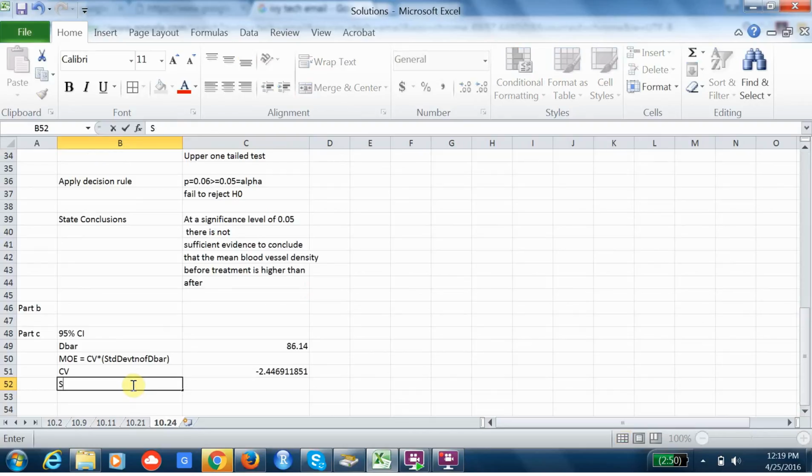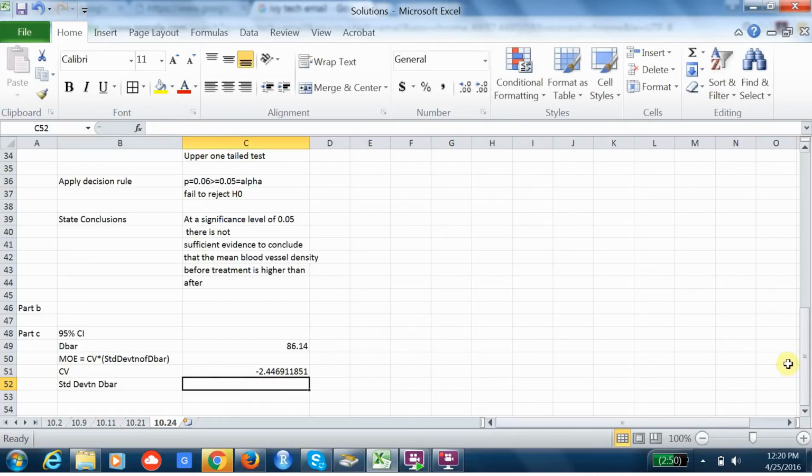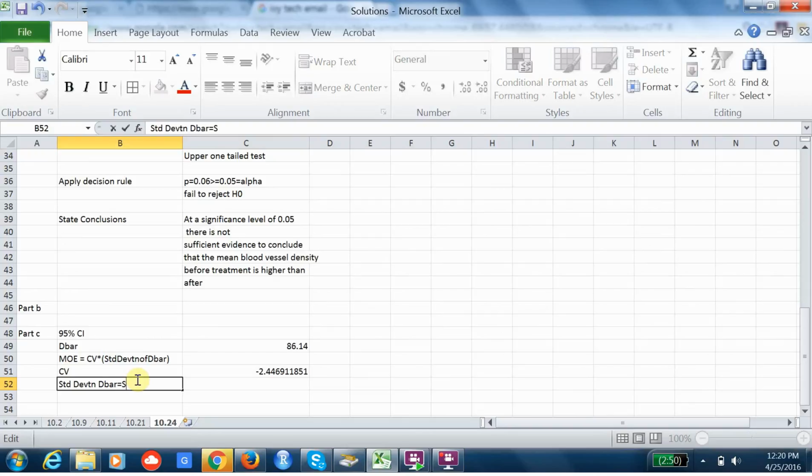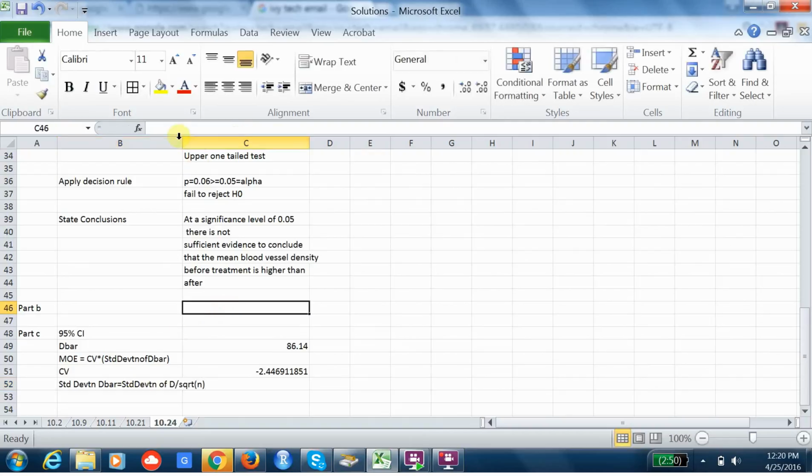And the standard deviation of d bar is just going to be the standard deviation of d divided by the square root of n. We already computed that actually.